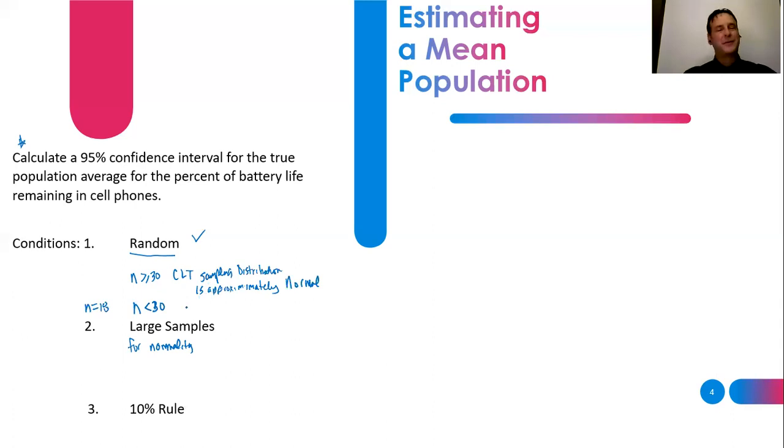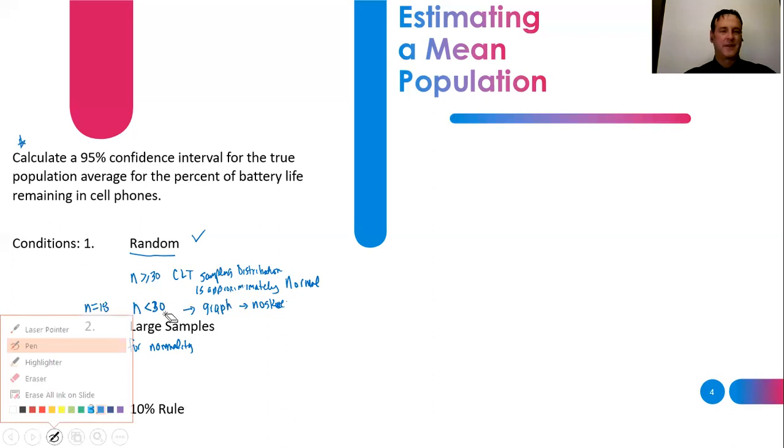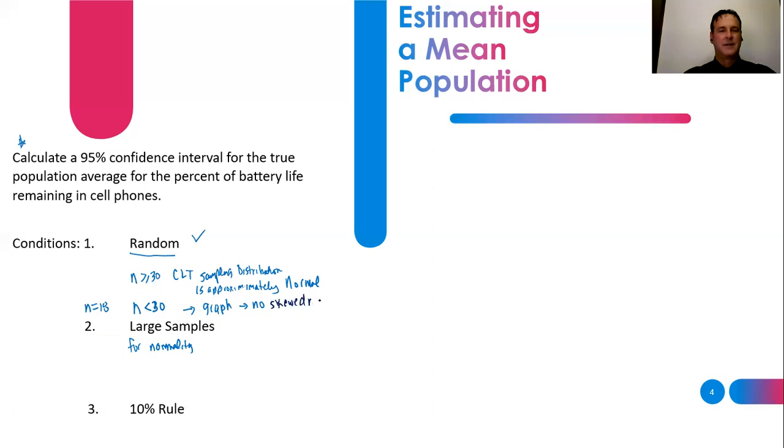What does that mean? Well, we have to look at our data and provide some type of graph to make sure that there is no skewness, or outliers.